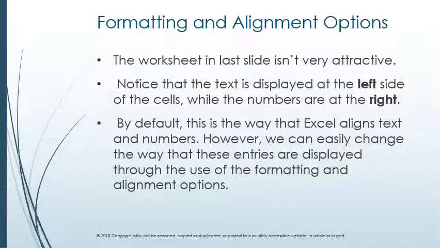By default, this is the way that Excel aligns text and numbers. However, we can easily change the way that these entries are displayed through the use of the formatting and alignment options.